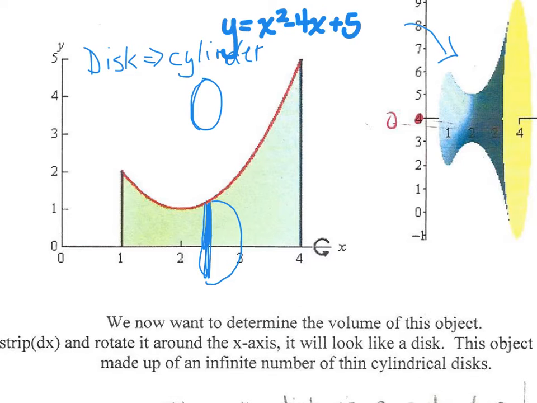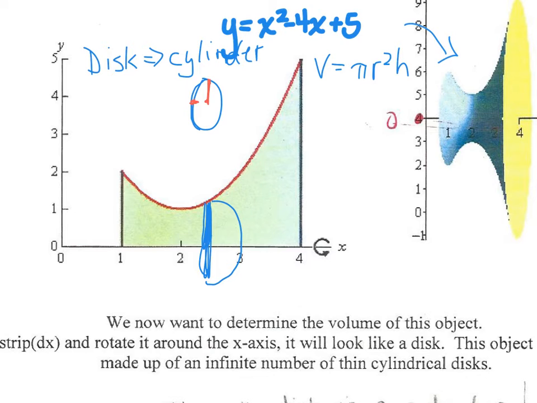So I have a cylinder here, and what's the volume of a cylinder? Well, that's equal to pi r squared times h, where your radius is right here, and your height really is the thickness of that disc. Well, how does that compare to what we're doing when we're looking at our function?